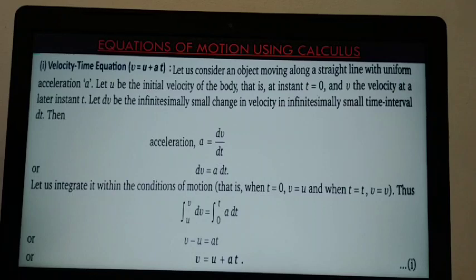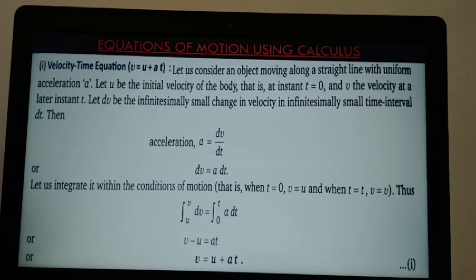So the lower limit of dv will be u and the upper limit will be v. The lower limit means the minimum value and the upper limit means the maximum value. So we have defined limits on both sides: integral u to v dv equals integral 0 to t a dt. Is it clear?